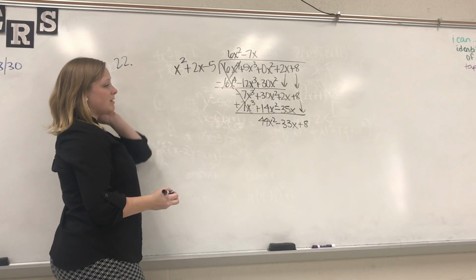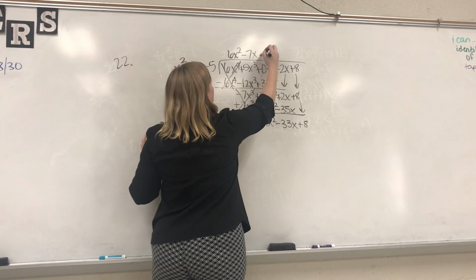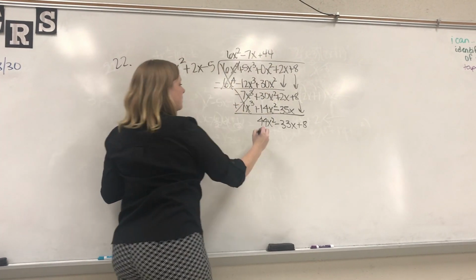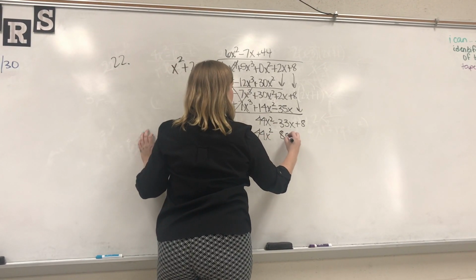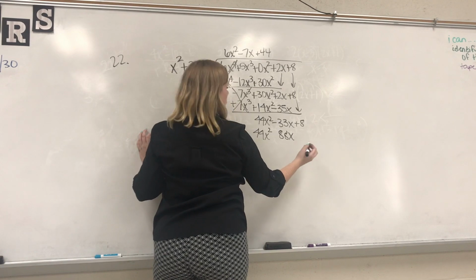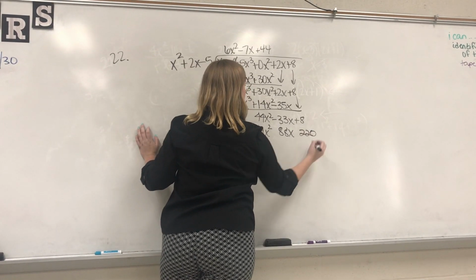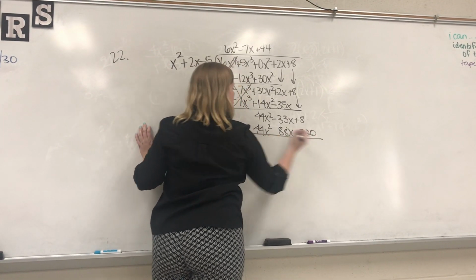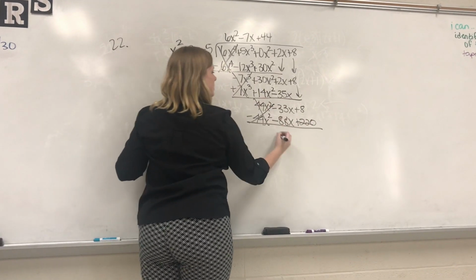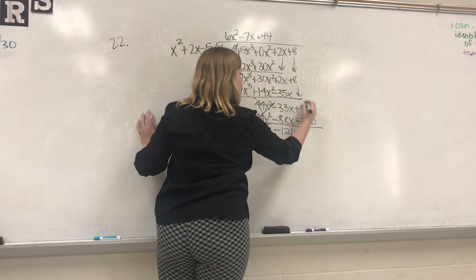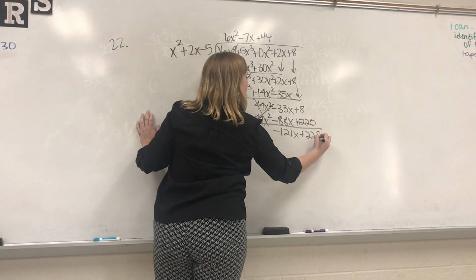What times x squared will take me to 44x squared? It's 44. Multiplied by everybody on the outside, but I'm subtracting, so all of my signs change. Cancels, negative 121x plus 228.